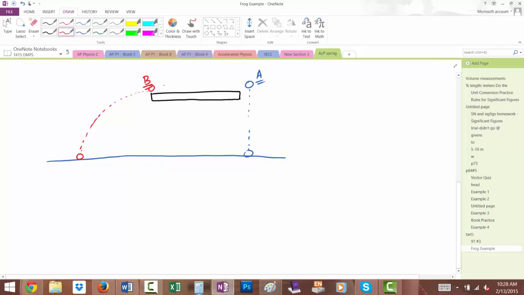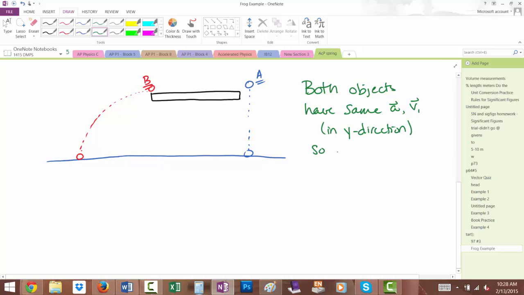Same. Okay? This is the key: both objects have the same acceleration. They have the same initial velocity in the y direction, we should say. And so they'll have the same time.